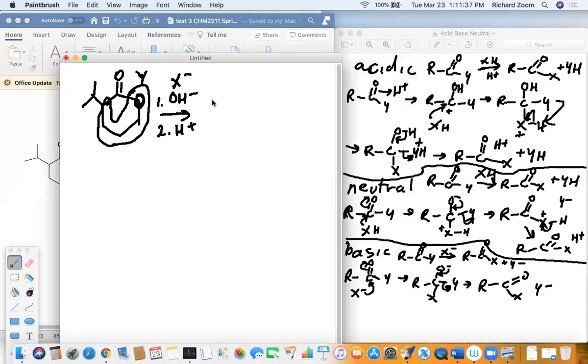So this is a cyclic thing. You'll see that the O group gets replaced with that, and then we end up with that, and then that can be protonated with the H plus, and that gives us our product.